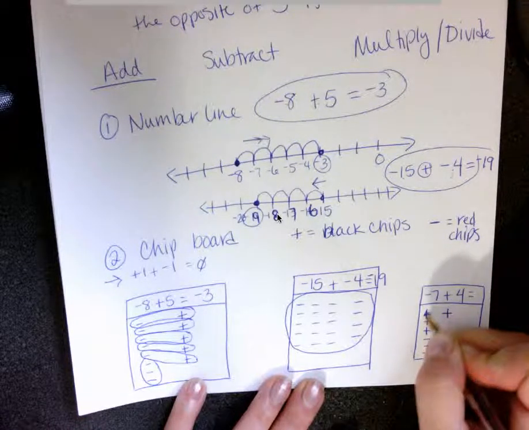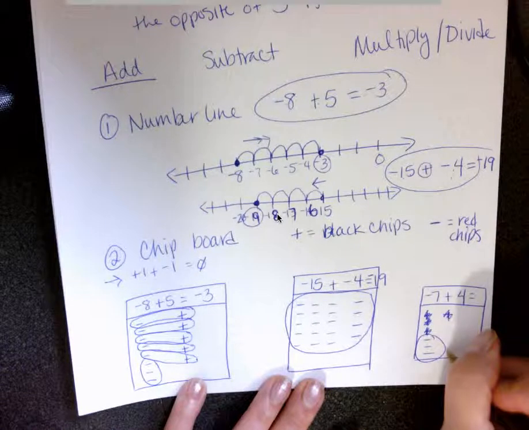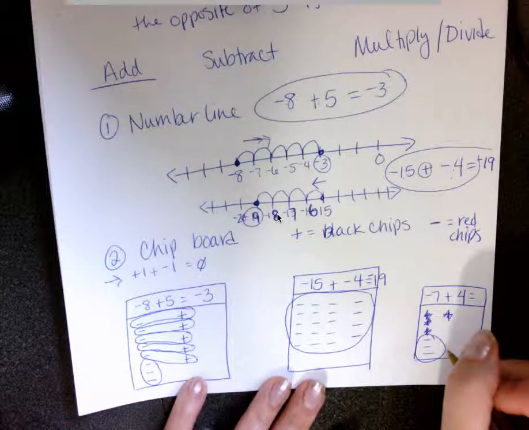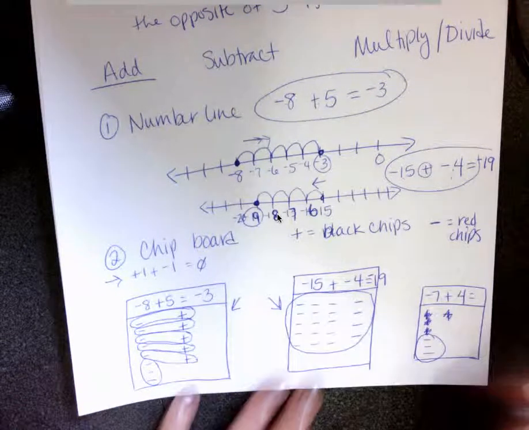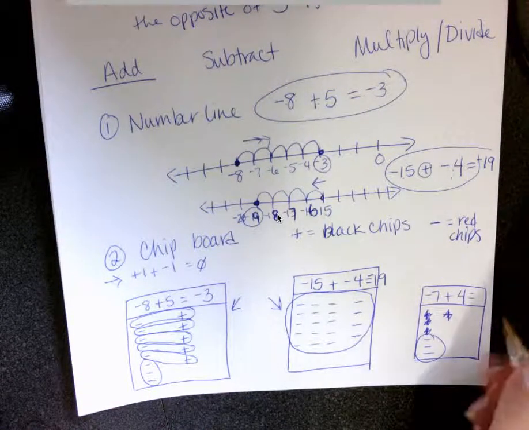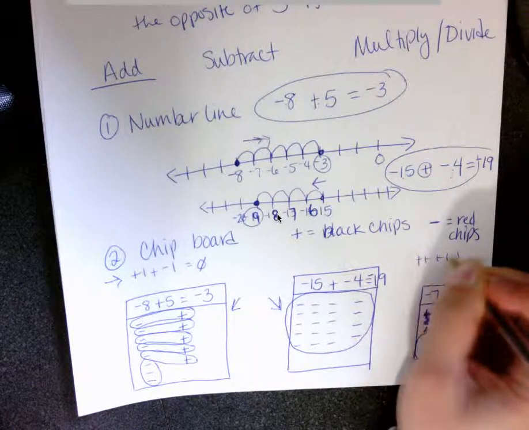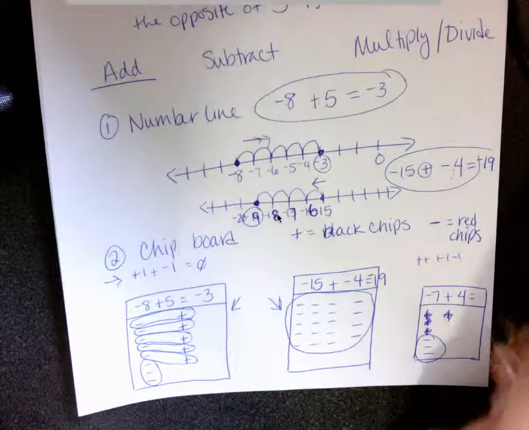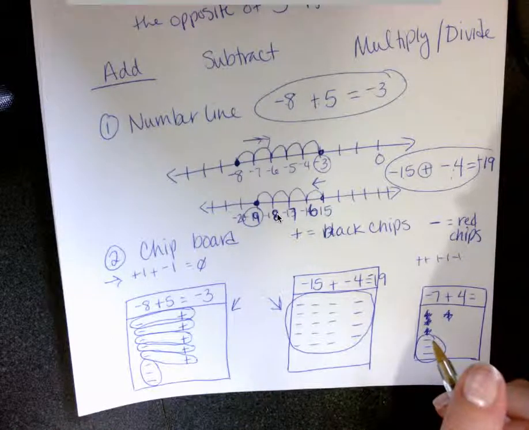And then I know those are gone because they canceled and I'm left with the 3 negatives. I think if you're starting off, this is probably the best way to go. And then when you start working with it and you need to do smaller problems, you can make your hash marks and then cross them off and know what's left. Okay, but that is how you use a chipboard. All right.